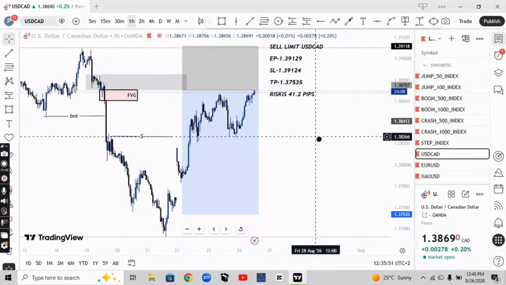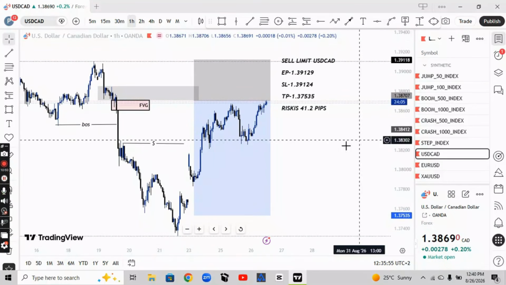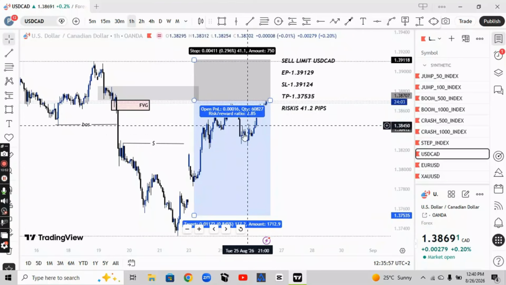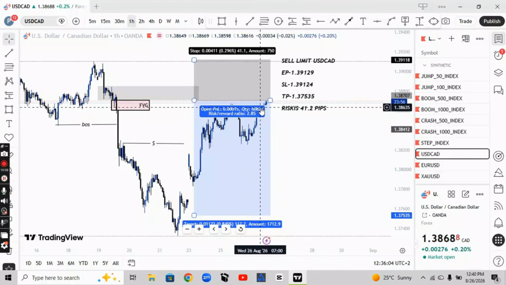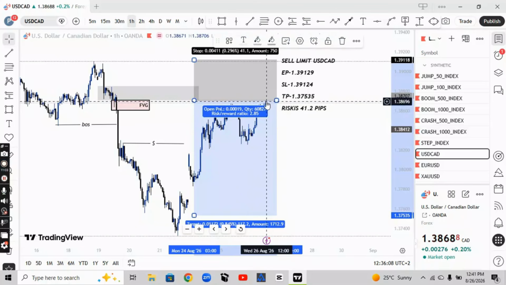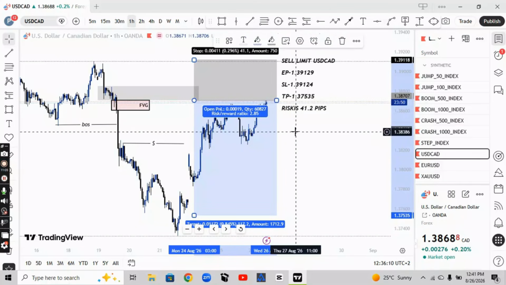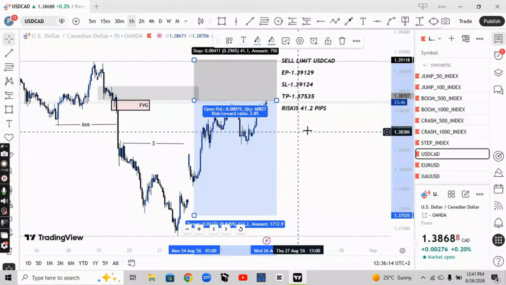Oh, okay, this was the trade on USD CAD. With this being the setup, I think it tapped in, so we're just going to see whether it gives us a full TP or SL.